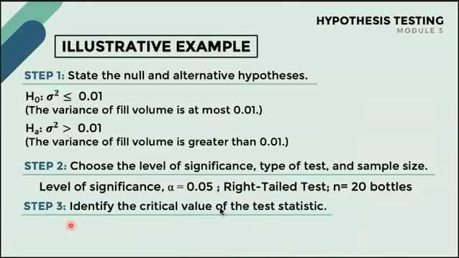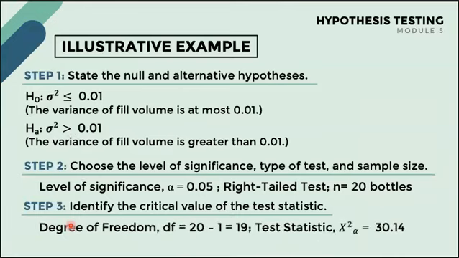So in order for us to know the critical value of chi-squared, we still need the degrees of freedom. So our degrees of freedom is 20 minus 1, that's n minus 1, which is 19.